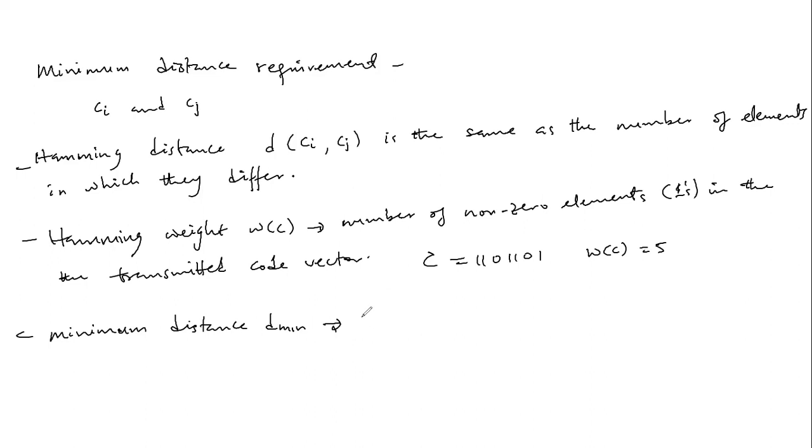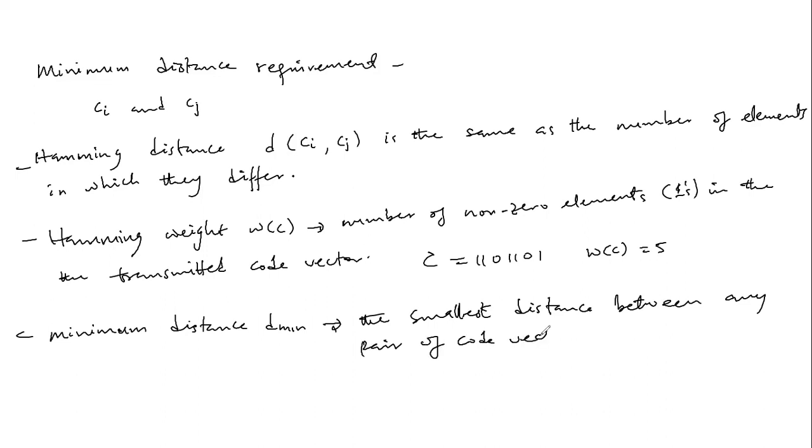This is the smallest distance between any pair of code vectors in the code. It is the same as the smallest Hamming weight of the difference between any pair of code vectors.